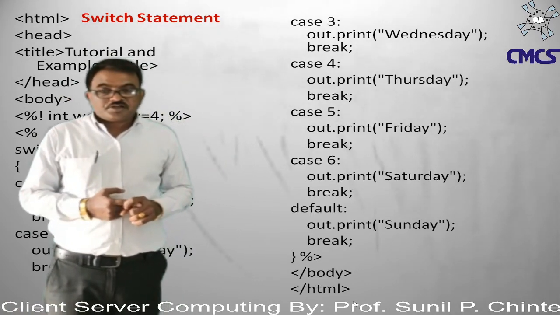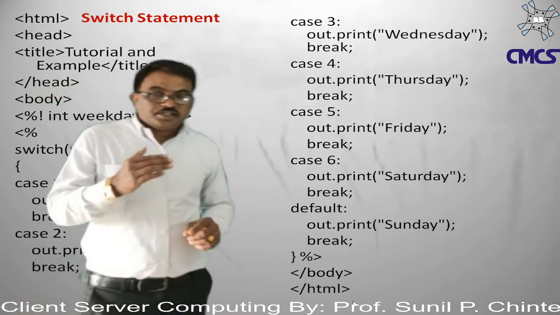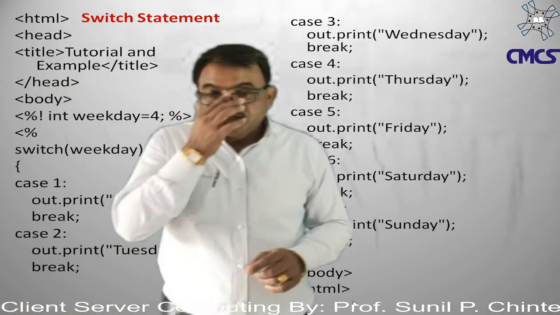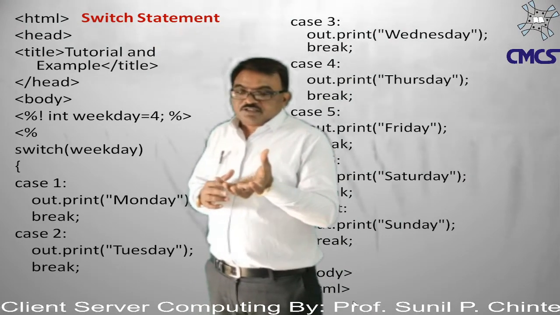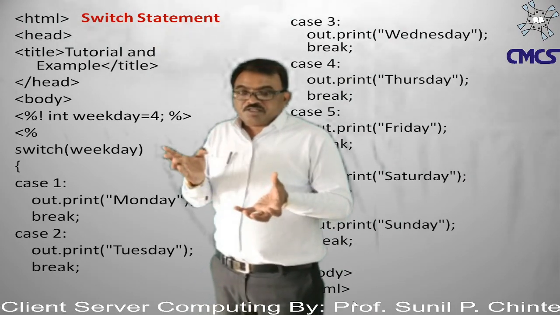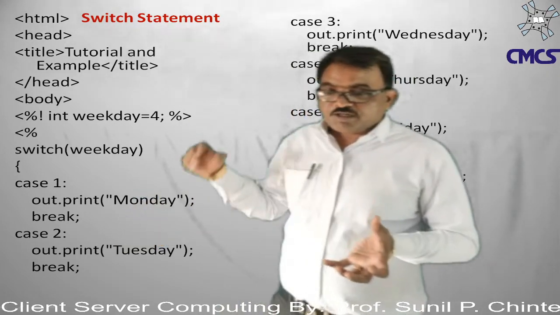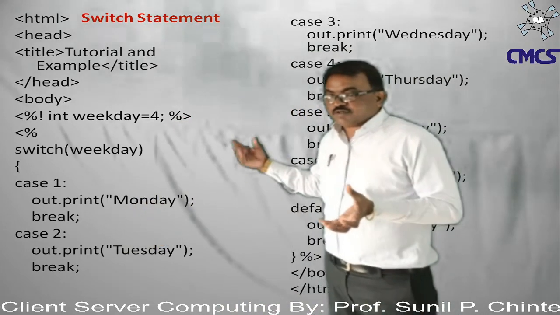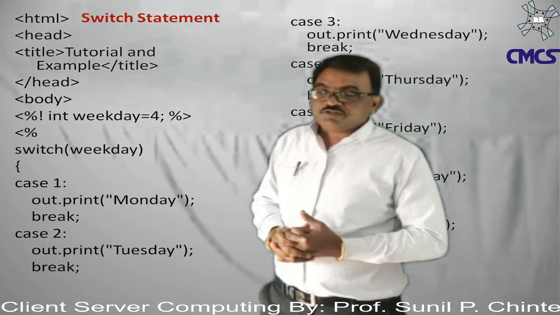Due to this we use break in every case, means after executing the particular case the control should go out of the switch block. That is why we use break.